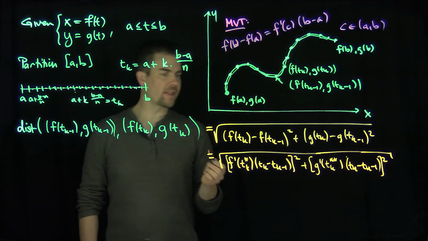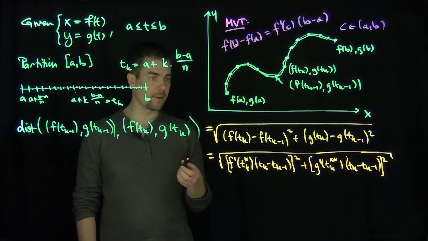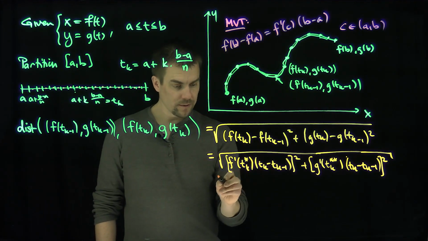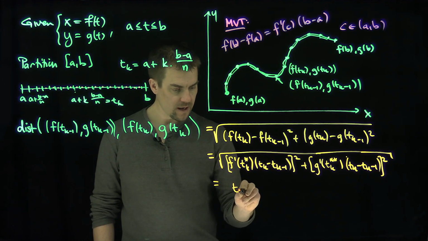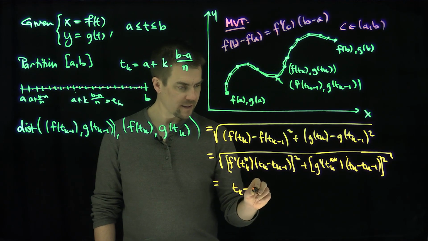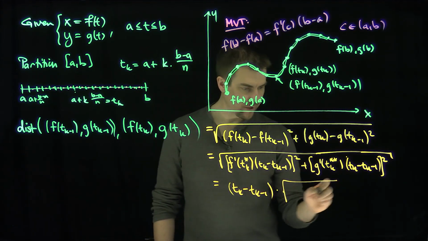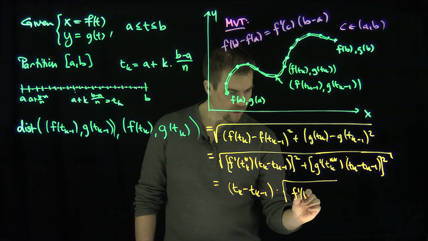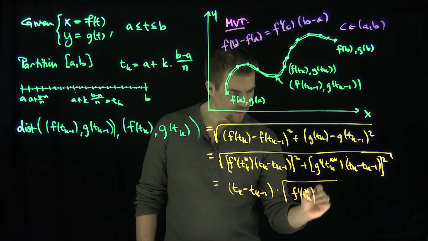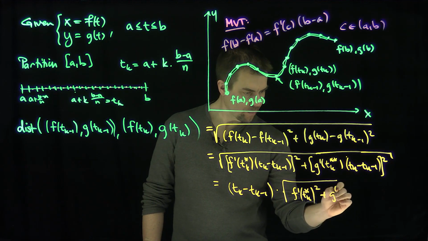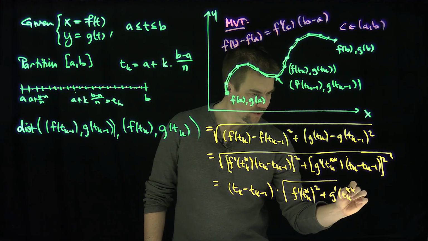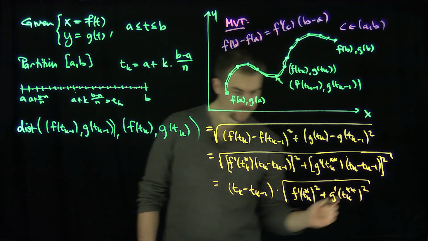The main point is that they both have a common factor of t_k minus t_{k-1}, so I'm going to factor that out. It's going to be (t_k minus t_{k-1}) times the square root of f prime of t_k star squared plus g prime of t_k double star squared.